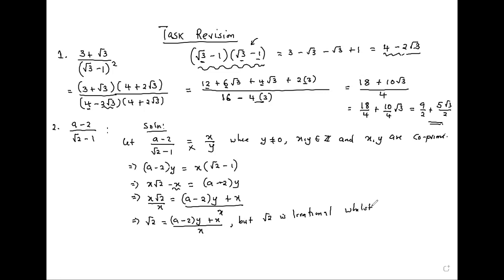What is ((a minus 2)y plus x) over x is rational. Hence the contradiction. So (a minus 2) over (root 2 minus 1) is irrational.